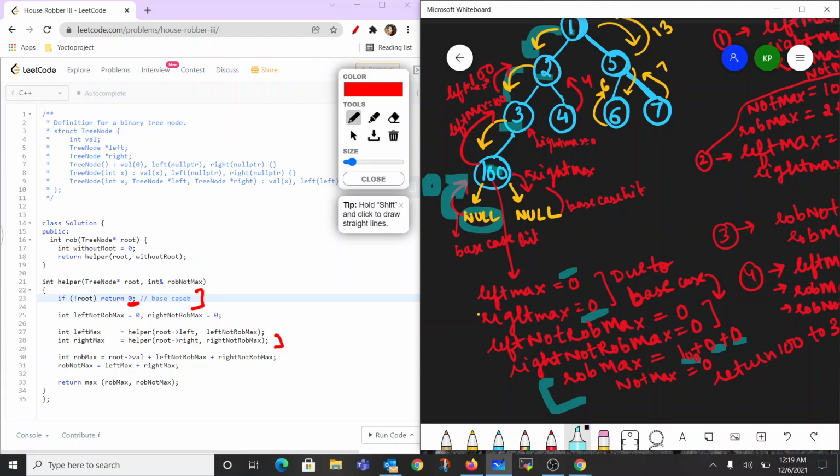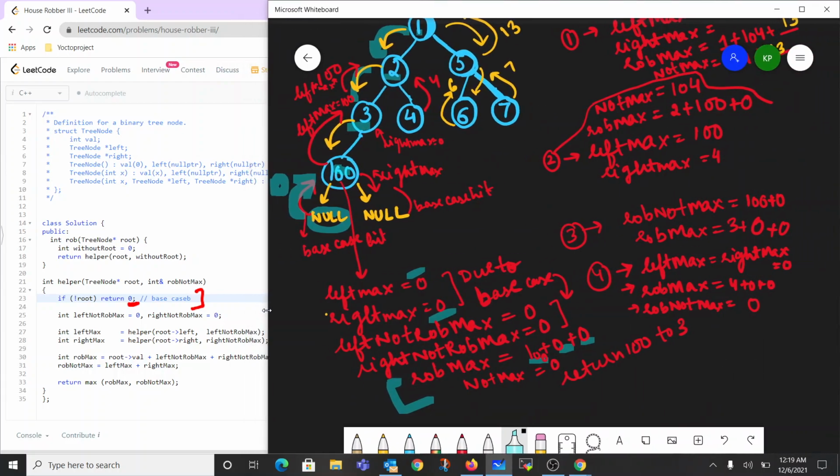So our 3 has left max value as 100 and right max value as 0, but rob not max would have the value 100 plus 0, because in the case of 3, our left max is simply 100 and right max is equal to 0.